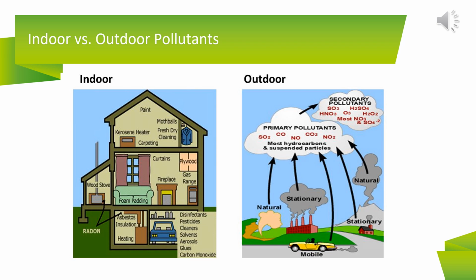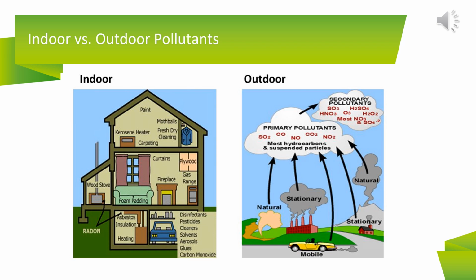There are multiple types of indoor air pollutants. You can have radon, which is a radioactive gas that comes from the breakdown of rock. You can have dust, dander, dust mites, pollen if you have plants in your home, disinfectants, solvents, cleaners, gas if you have a gas stove or gas heating, carpeting.